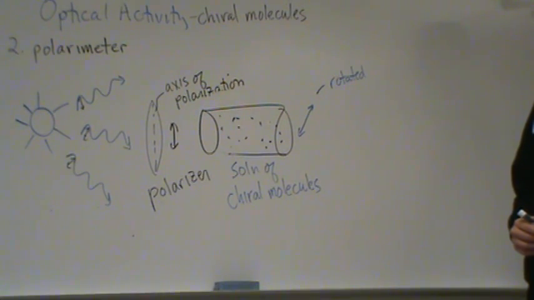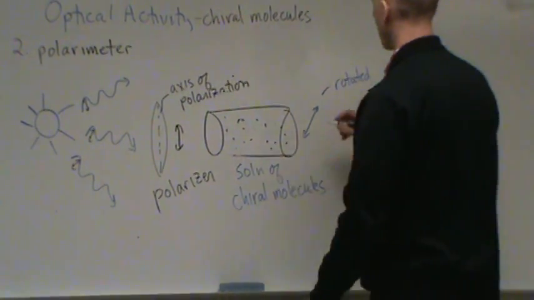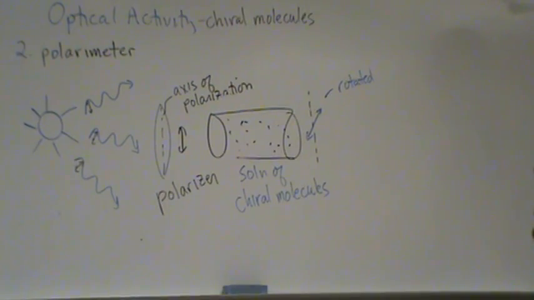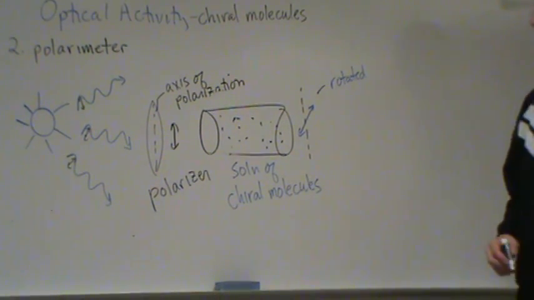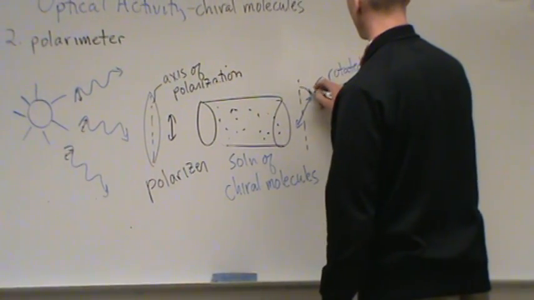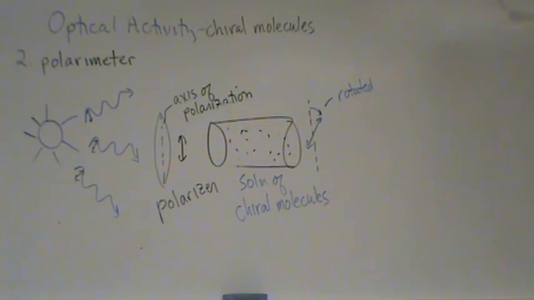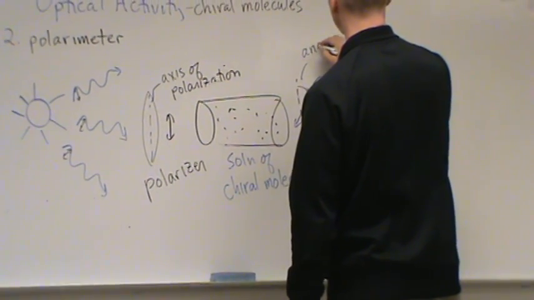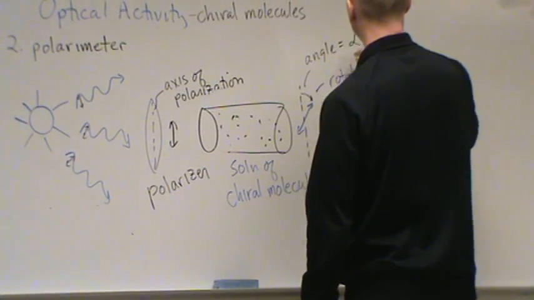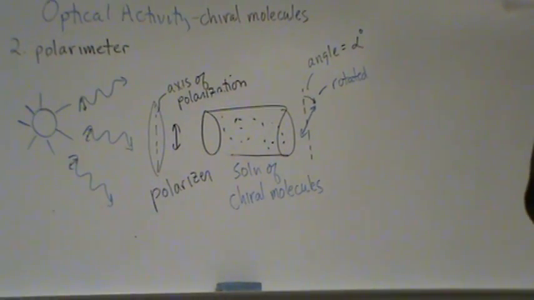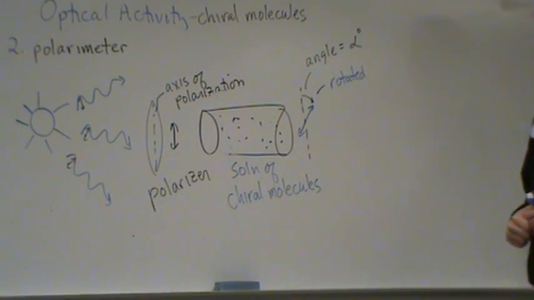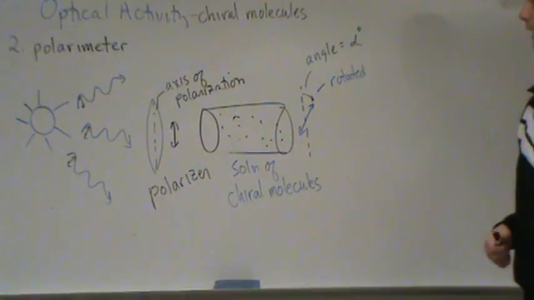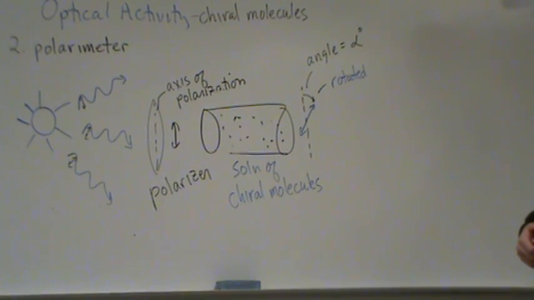If we were to draw a line matching that original axis of polarization, we could then measure the angle that the plane polarized light rotated. That angle we will call alpha. So alpha degrees is called the angle of rotation of the PPL.